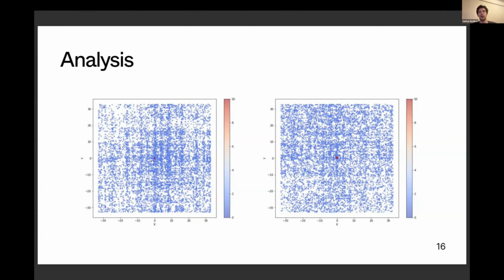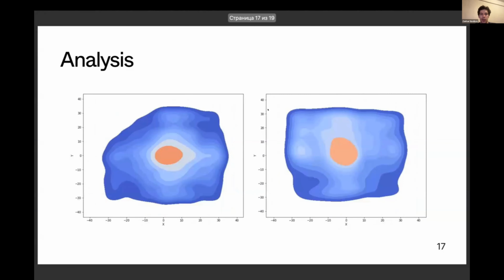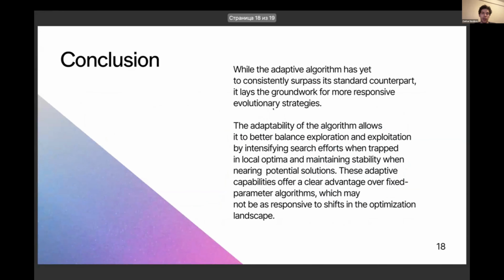As can be seen, the modified one preserves higher diversity, and the last graph shows a density map for the modified version, and it can be seen that it maintains diversity.